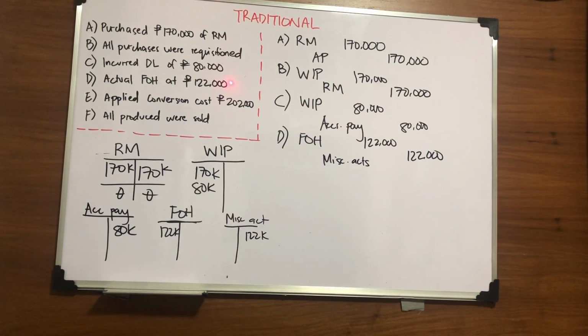The only thing that should be recognized in WIP is the actual factory overhead that was transacted on letter D for 122,000. Remember that when you say conversion cost, this should be recognized in work in process. So, don't be fooled with the 202,000 here, okay? Because the conversion cost, or work in process, should total 202,000.